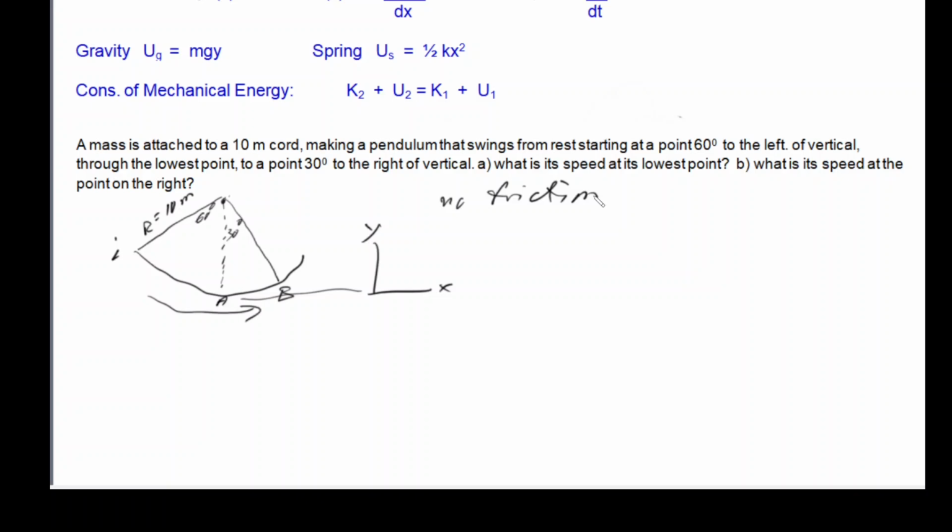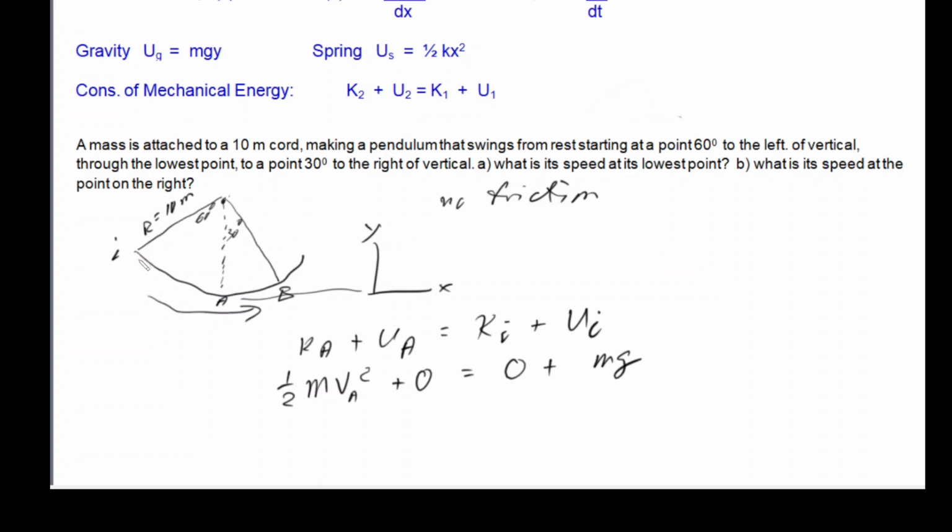So let's write our conservation of energy law. We're looking for the velocity at point A. So the energy at point A is equal to the energy at the initial point. As we fill this in, we get 1/2 m vA squared, and because it's at the lowest point, its potential energy is 0, equal to the kinetic energy where it starts, which is 0 since it's at rest, plus mgh.